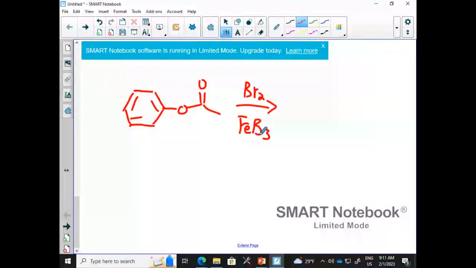What kind of reaction are you expecting from this reaction condition? Bromination. So bromination will happen on the ring. But the question here is, will the bromine be installed on the ring meta, or ortho or para? Ortho and para don't matter, they always go together, except if you have a very, very bulky group, which would go to para. But this one is not very bulky, so it doesn't matter, ortho or para. It's either meta or ortho/para.